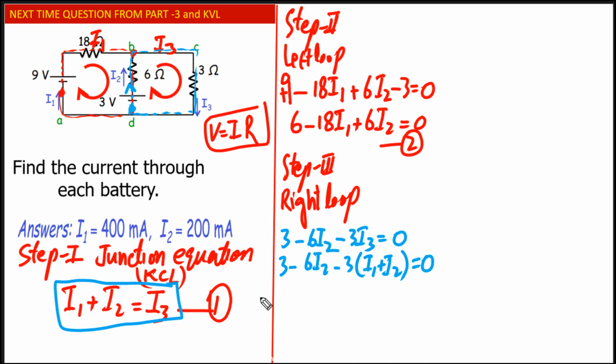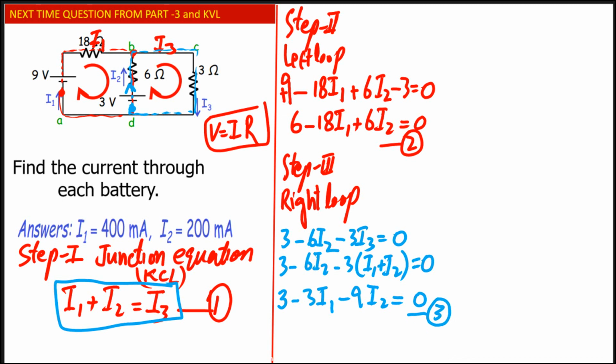If we simplify this one, what we will get is 3 minus 3I1 minus 9I2, and this is equal to 0. Now let's say this is our third equation.